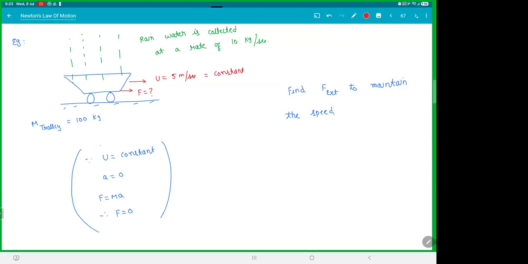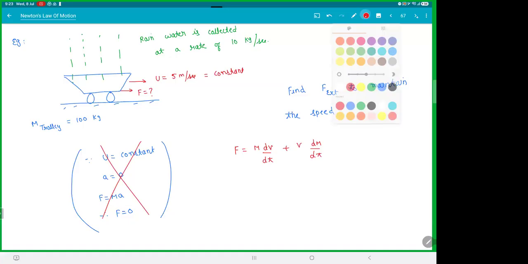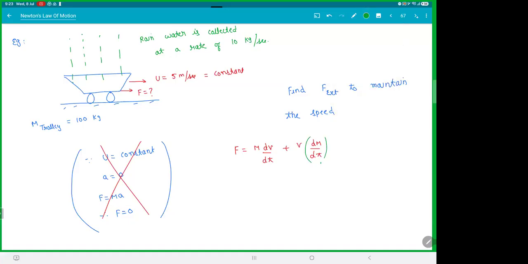This is a blunder. Why it is a blunder? Is the mass of the trolley constant? Mass is changing. So how can you use F is equal to ma? That's the problem. So what should you use then? F is equal to m dv by dt plus v dm by dt. Speed is constant, so this term is zero. So what is dm by dt? This is the rate of change of mass. Every second, by what amount is the mass changing?